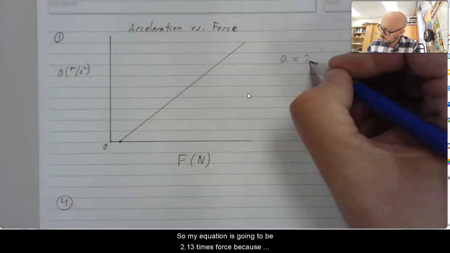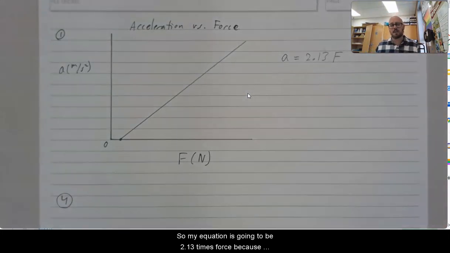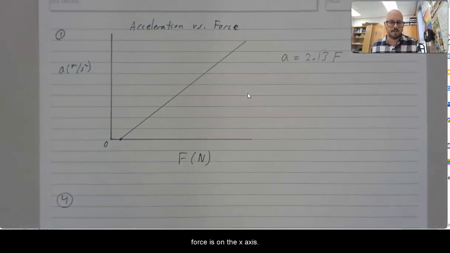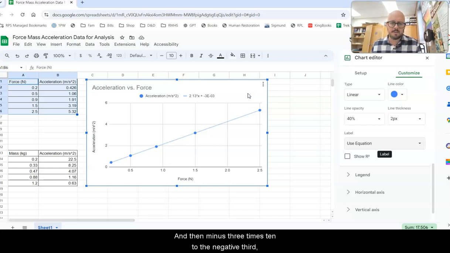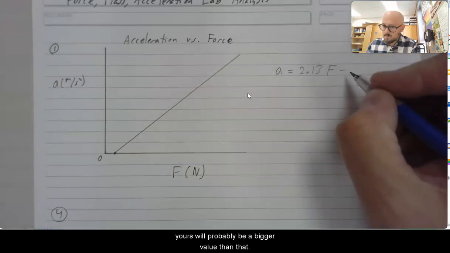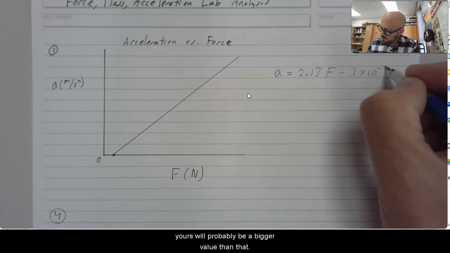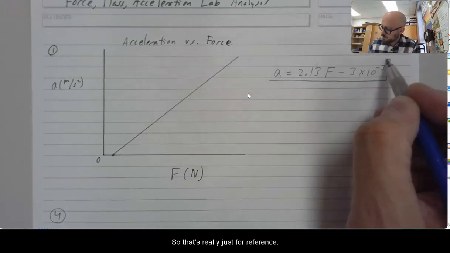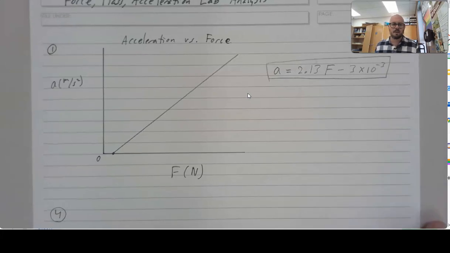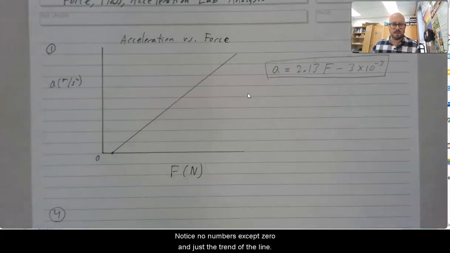So my equation is going to be 2.13 times force, because force is on the x-axis. And then minus 3 times 10 to the negative third. Yours will probably be a bigger value than that. And that is your equation. So that's really just for reference. And this is a complete sketch. Notice no numbers except 0 and just the trend of the line.